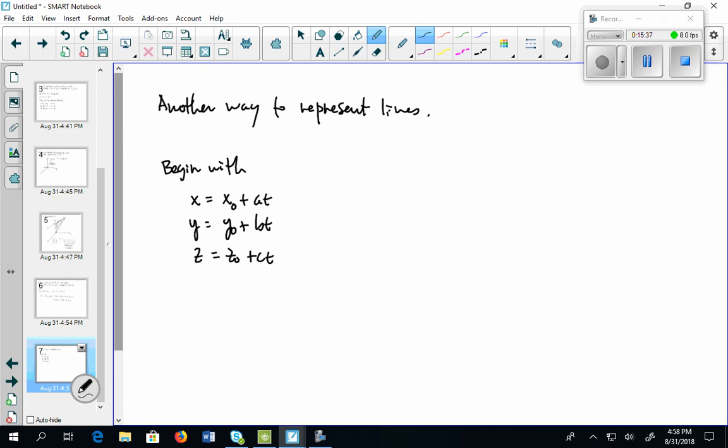So the top equation, x equals x naught plus at, becomes t is equal to x minus x naught all over a. And then we can write the second equation similarly. It's going to be y minus y naught all over b. And then the third one is z minus z naught all over c.